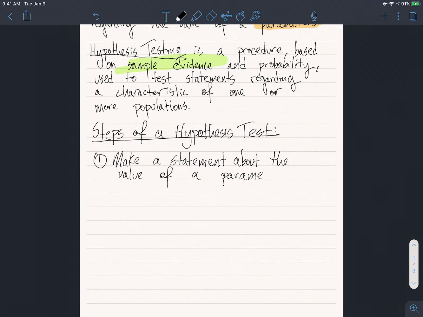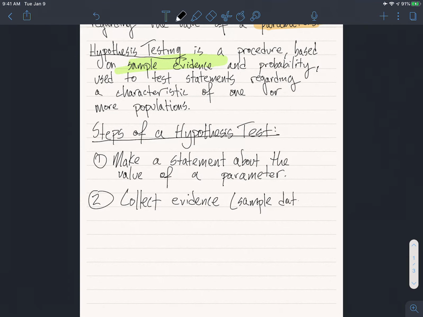Something like I just said: the proportion of people all over the world that are left-handed is 13%. Number 2 would be next. After that statement's made, you would collect evidence, in other words, sample data.